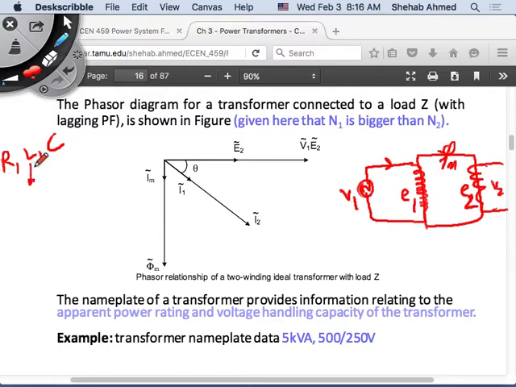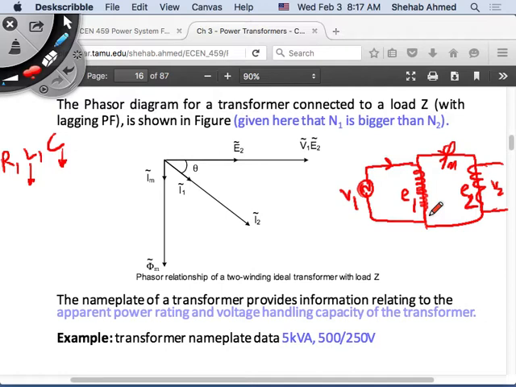If energy is being stored in terms of charge, then we represent that component as a capacitor. So here what we're doing is pushing current that is generating a flux that is flowing in this core. This flux will be the reason we will have energy transfer across the transformer. So we will represent that as an inductive element.